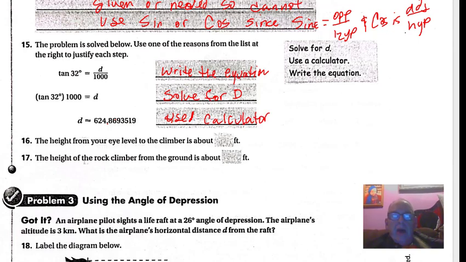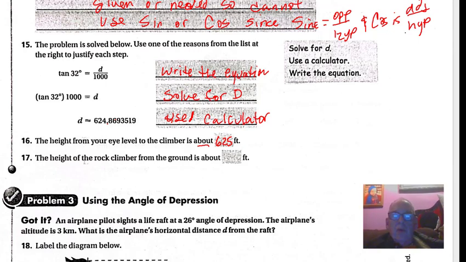Now that's the height from your eye level to the climber. 624.9 is about 600. About means around. So 624.86 rounds up to 625, so it's about 625 feet. Like 0.9 feet is about 10.8 inches, so might as well just call it a whole foot.